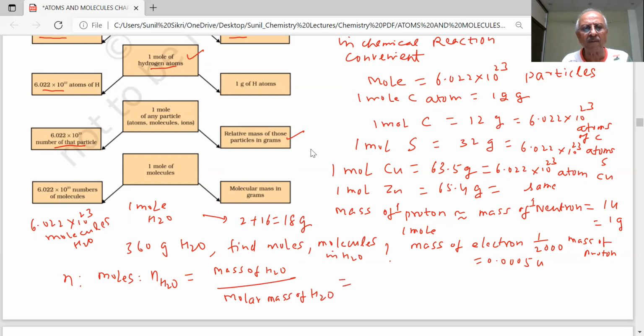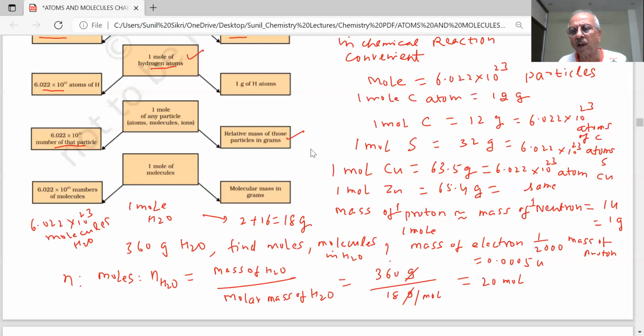What is the mass given? 360 grams, student. What is the molar mass of water? 18 grams, 18 gram per mole. We have to write the units. Then gram and gram cancel. How much are you getting? 20 moles of water.